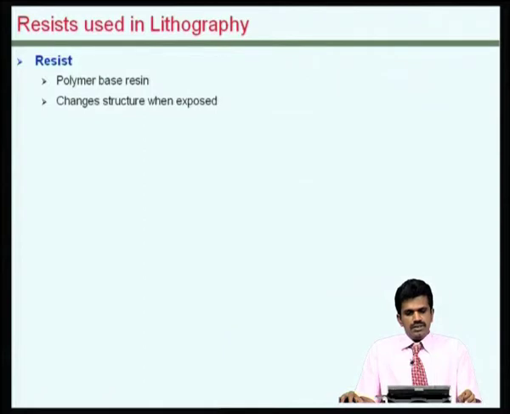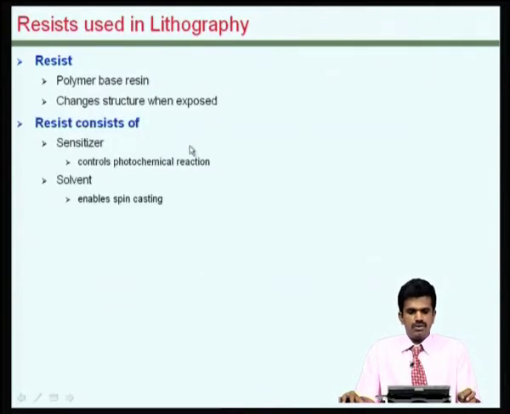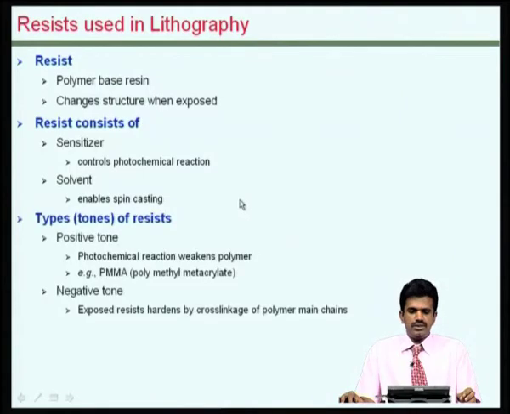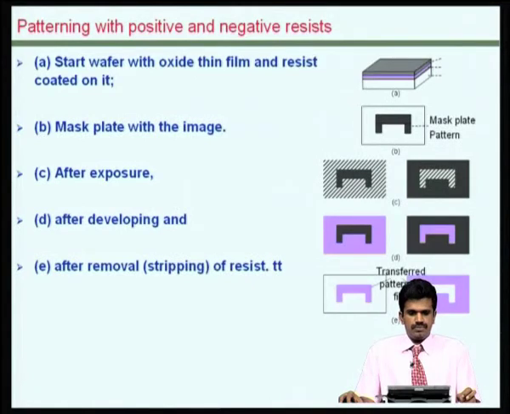As in the other case, it is a polymer based resin, which essentially changes its structure when exposed to the particular UV light, and it consists of the sensitizer and the solvent as in the other case, and we can get positive and negative tone resist materials commercially and could be used for the fabrication of microsystems.